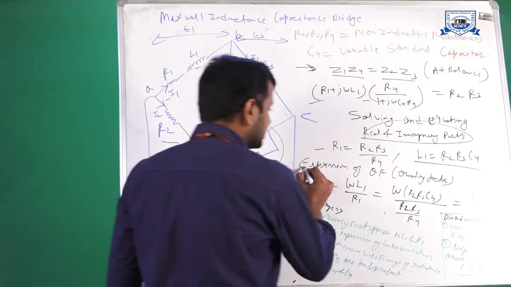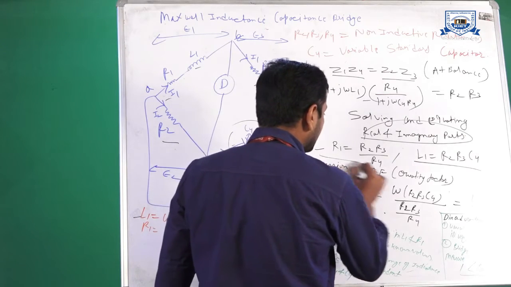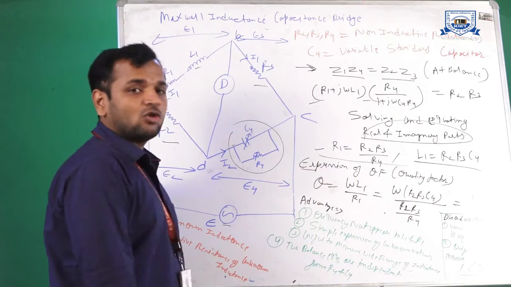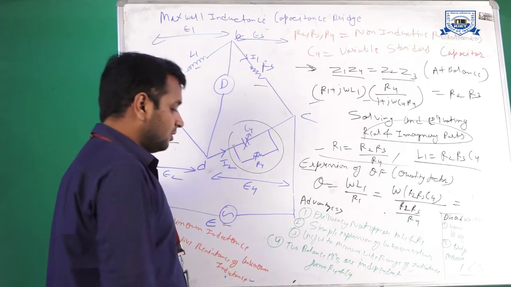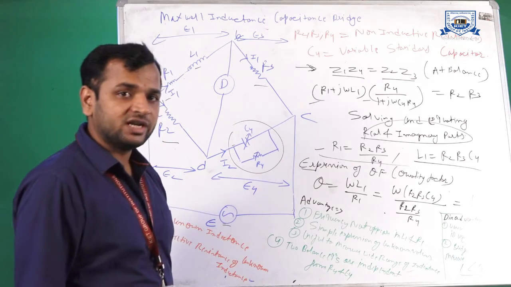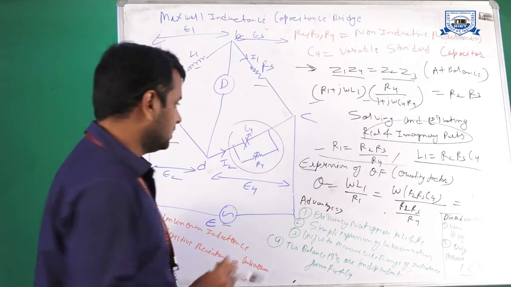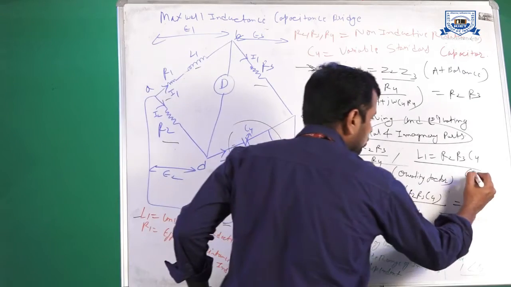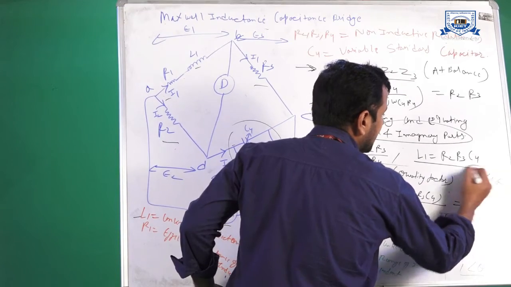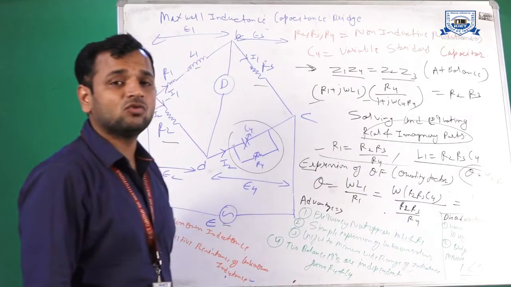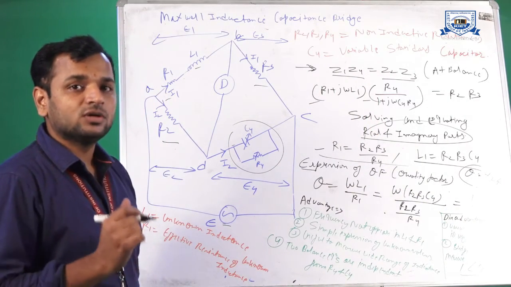Now if we find the expression of quality factor, what will be the formula? That is Q equals omega XL by R, that is, Q is equal to XL by R, where XL is the inductive reactance.